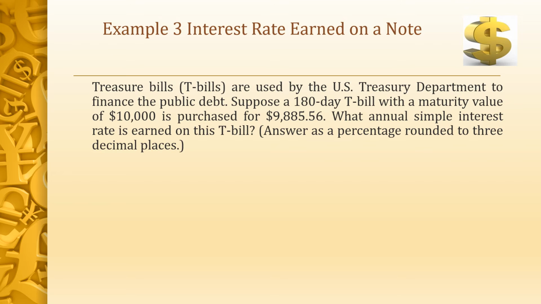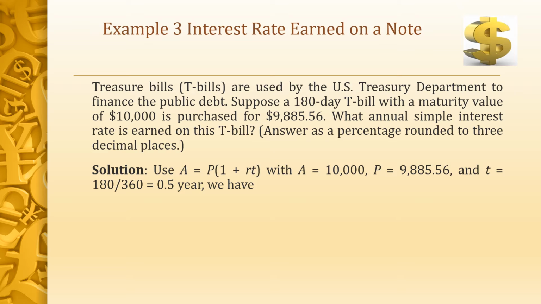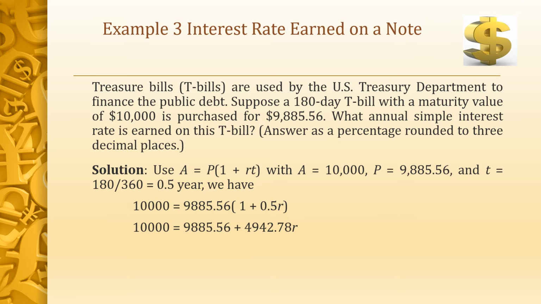What annual simple interest rate is earned on this bill? We have to give the answer correct to 3 decimal places. Since A is P times (1 plus RT), and A, P and T are given, substituting all those values here, we can simplify and find the value for R, which is approximately 2.315%.